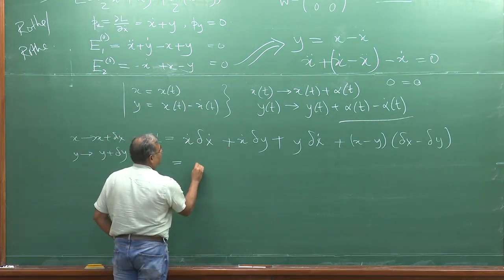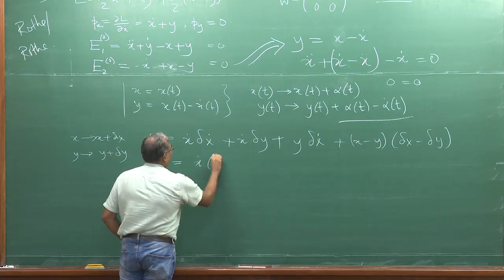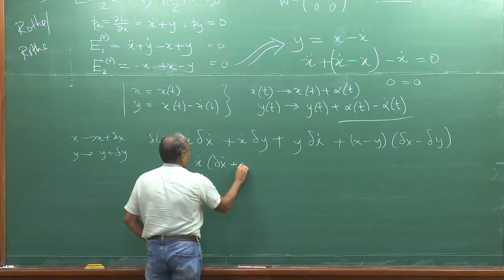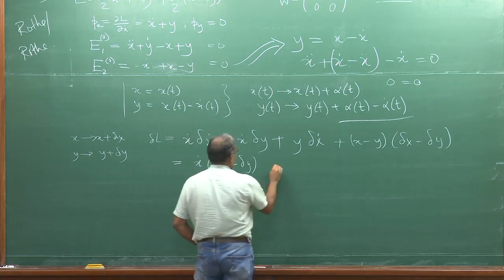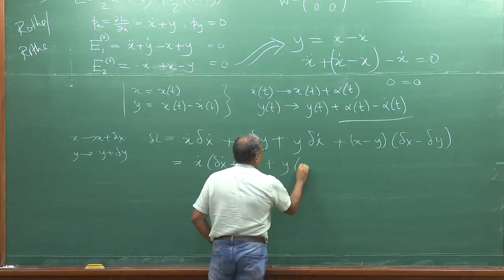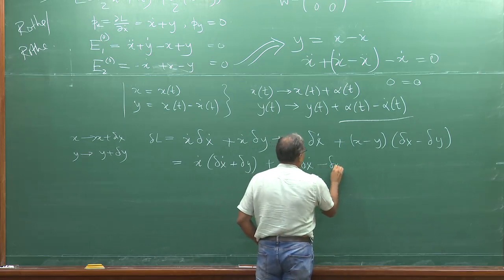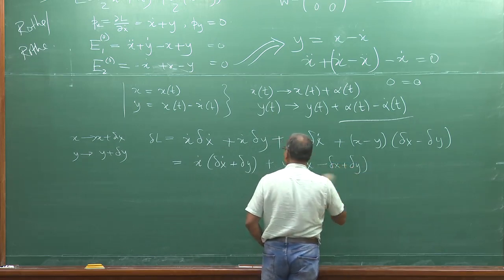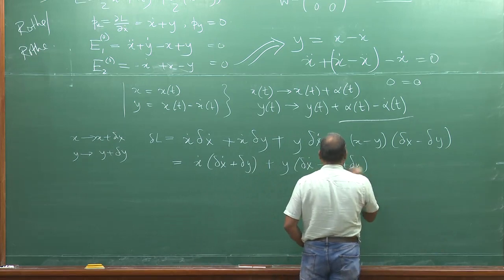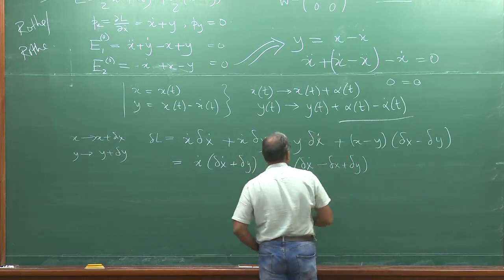Now, if you collect terms together, you see x dot comes with the coefficient delta x dot plus delta y here. Y comes with the coefficient delta x dot minus delta x plus delta y. Now, the dots are important, so I hope the dots are visible.